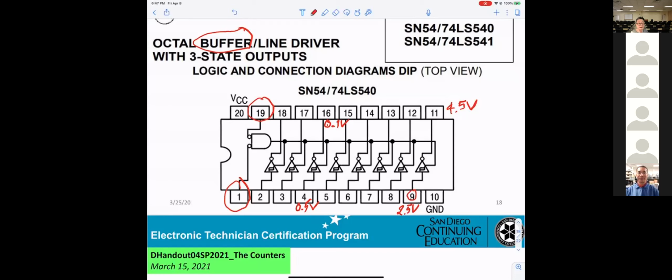So that's why in here, they're talking about 3 states. 3 states mean what? 1, 0, and high impedance. If pin 1 or 19 is not 0, output will be high impedance.